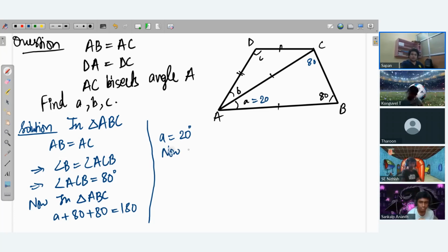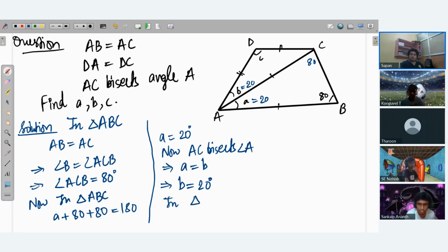Now AC bisects angle A, that is given. Bisects means both sides will be equally divided. So A is equally divided, which means B is also 20 degrees. So B comes as 20. Now in triangle ADC, DA is equal to DC, so it is an isosceles triangle and opposite angles must be equal.